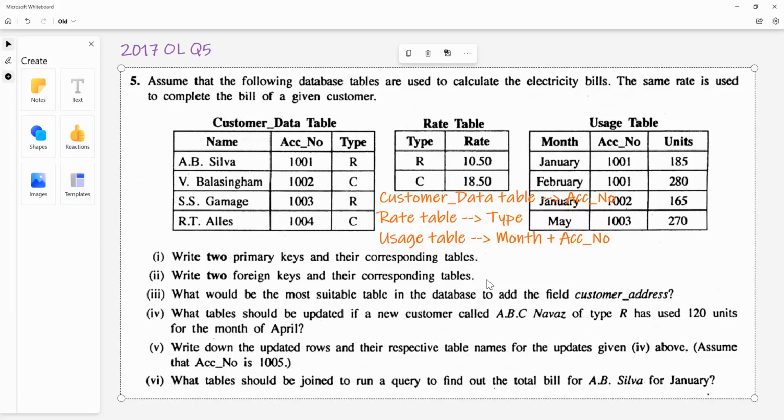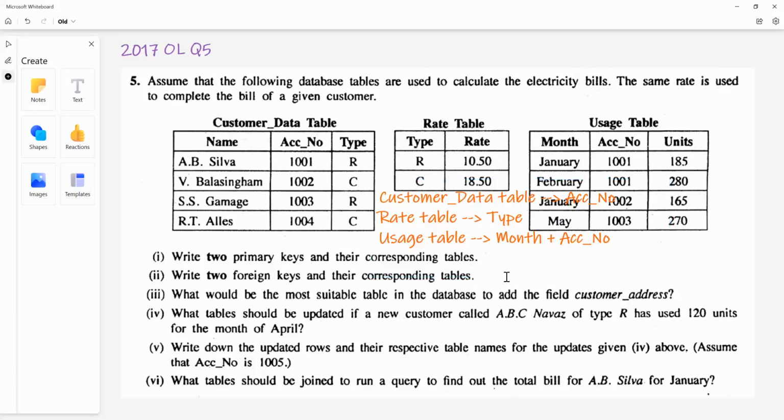Type, is it common? Yes, it's common to both the customer data and rate tables. Right? And are you connecting to the primary key of the rate table? Yes, of course. So one foreign key for the customer data table.